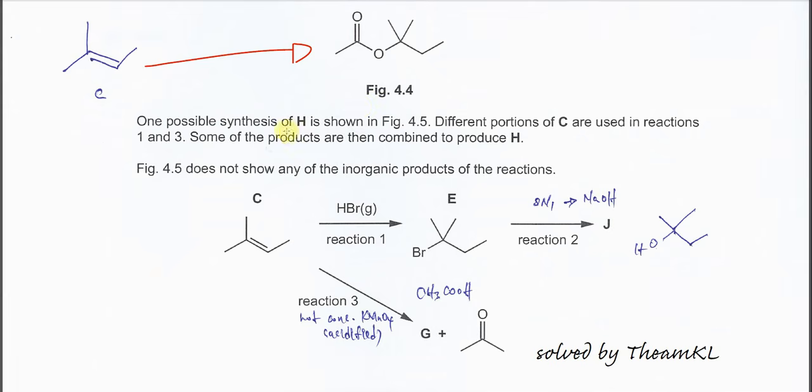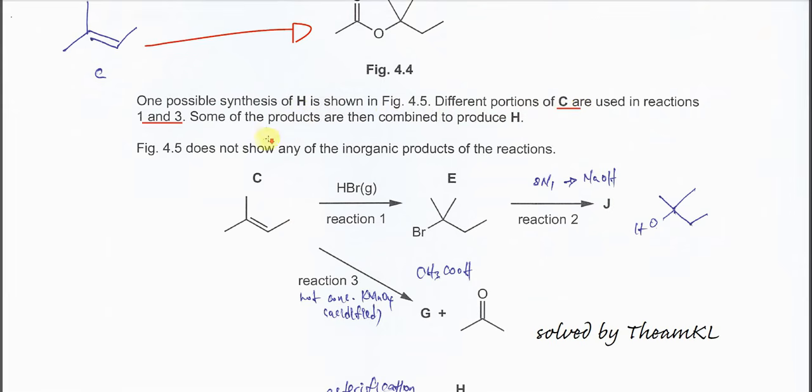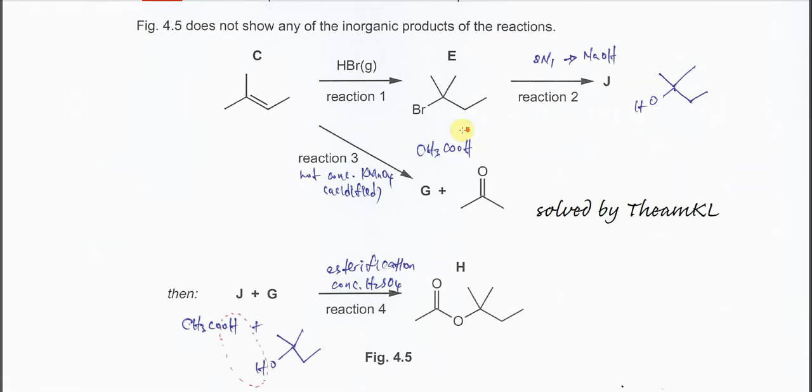One possible synthesis of H, the ester, in figure 4.5, different portions of C are used in the reactions 1 and 3. Some of the products are then combined to produce H. So I try to explain all together so you can have a clearer picture about this reaction.